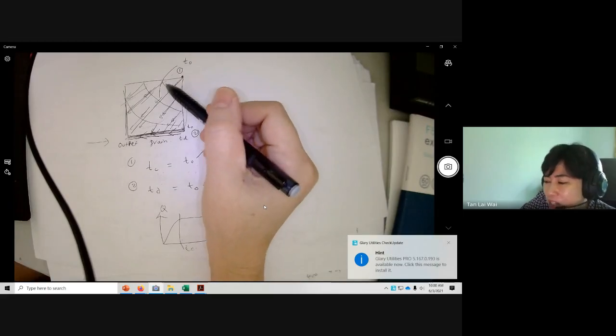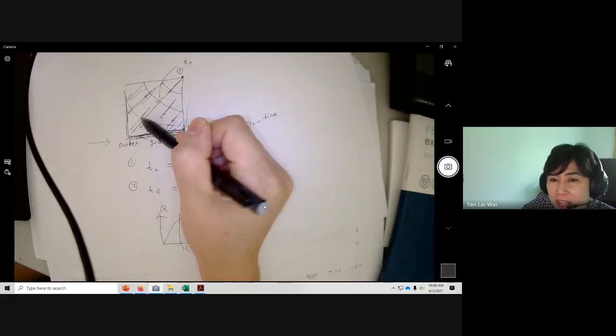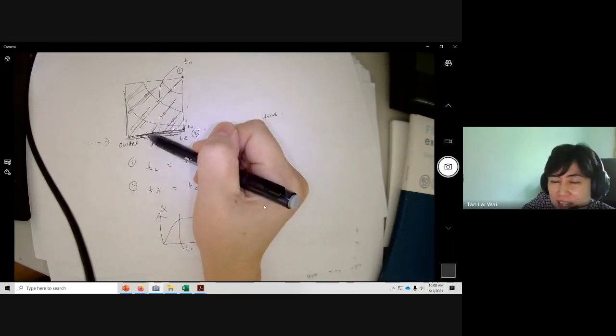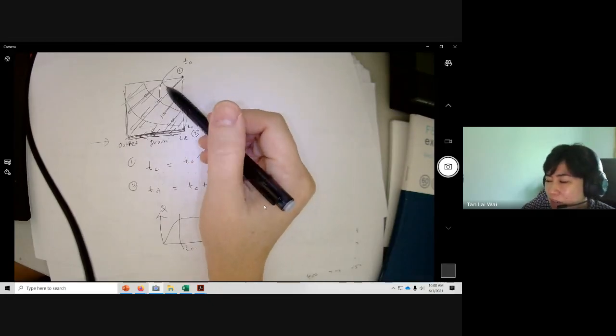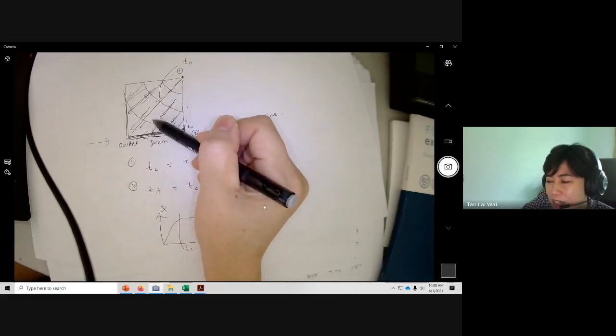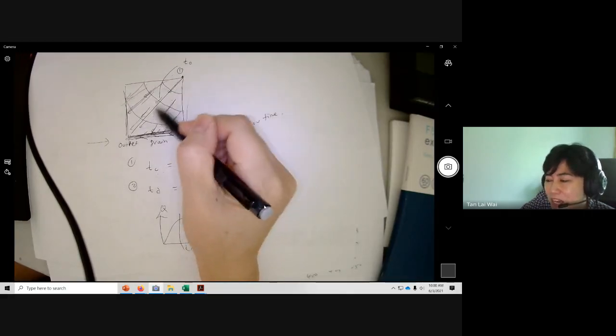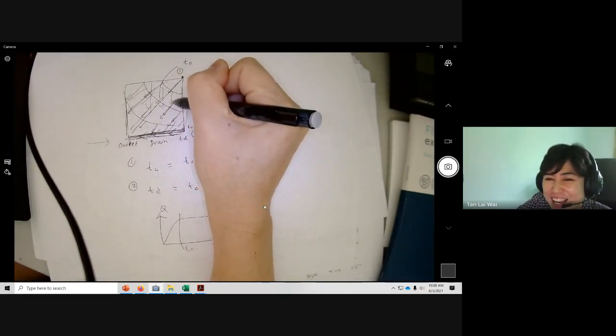Bila kita imagine, of course berdasarkan gradient kawasan ni juga, kan? Ada data gradient, kecurunan di kawasan ni. Jadi kita kena imagine bila hujan turun, alirannya mengalir macam mana. Kalau gradient dia macam ni, mestilah macam ni, tak mungkin aliran dia mengalir macam ni.